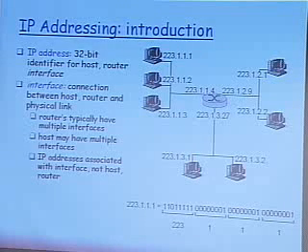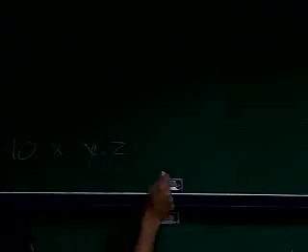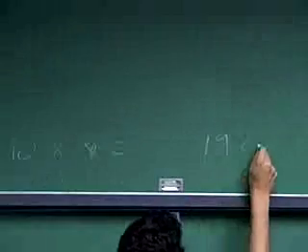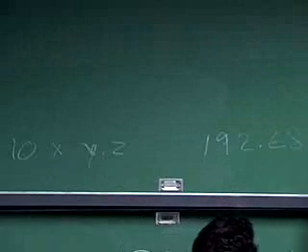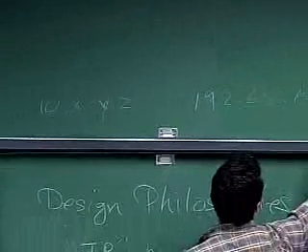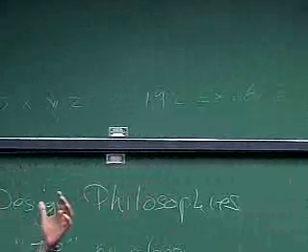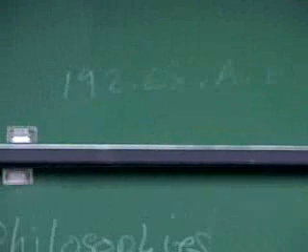So any address that you see of the form 10.x.y.z or 192.168.a.b, these are private addresses.